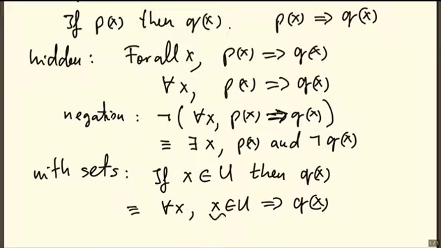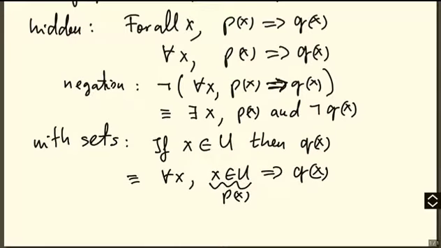So here now this x is in U plays the role of p of x in the previous statement, the way we wrote it. Compare the two together. It looks different when we say that if x is in U, then q of x. But in fact, you can write it the same way as before, with the universal quantifier.